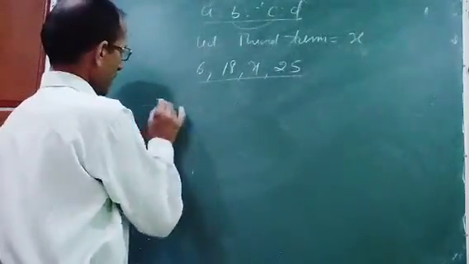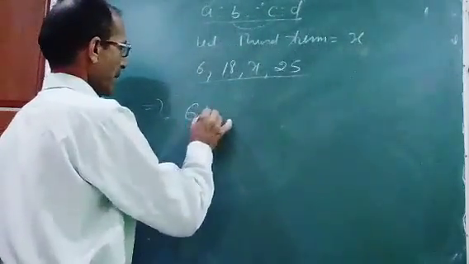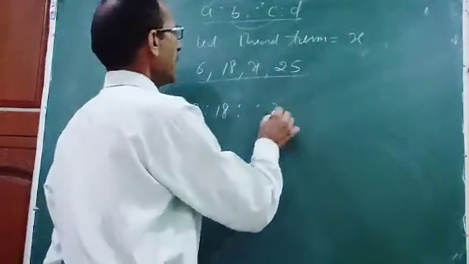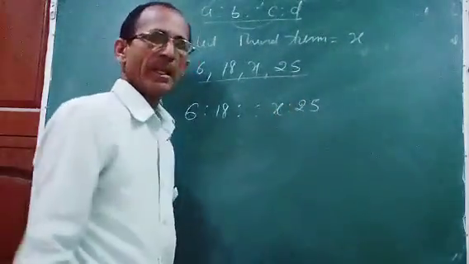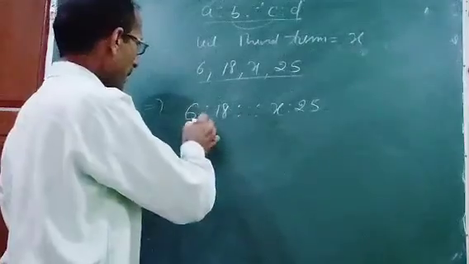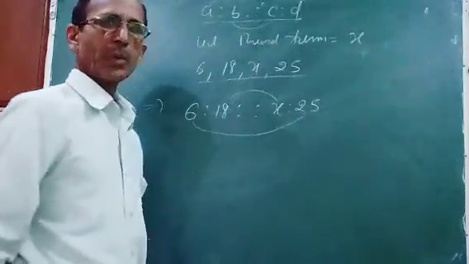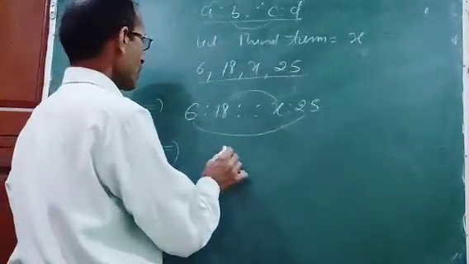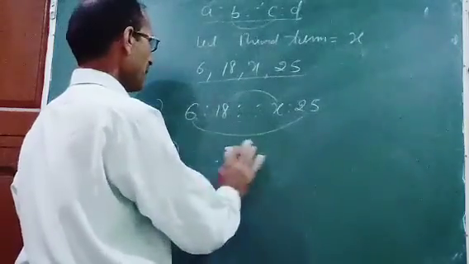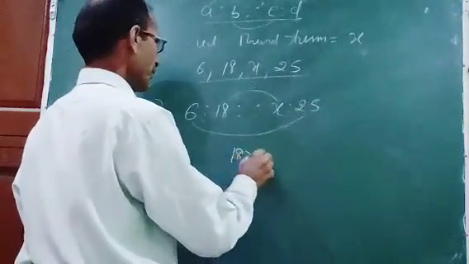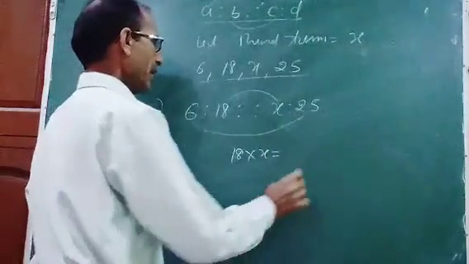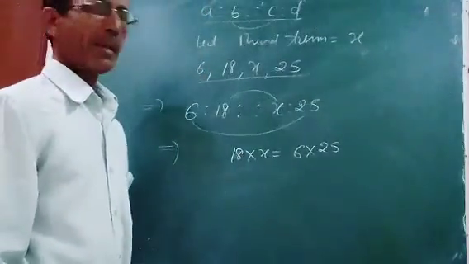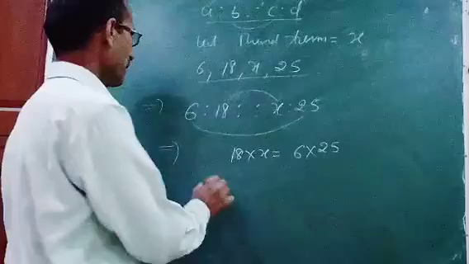So 6 is to 18 as x is to 25. The product of extremes is equal to the product of means. So 18 multiplied by x is equal to 6 multiplied by 25.